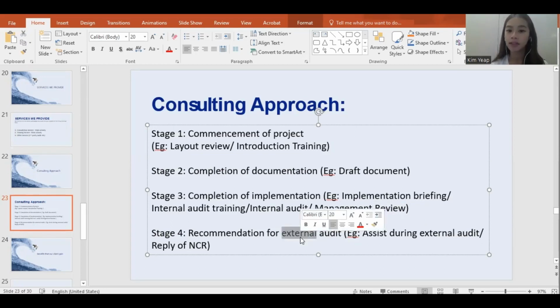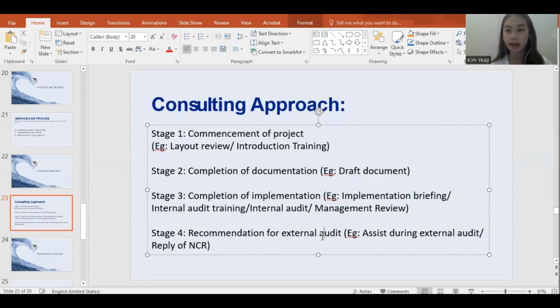So in this stage, our consultant will be prepared. It might be during the audit day, our consultant will be there to assist. Sometimes, most of the time, they can't assist, but they will be there to give a little bit of support, or to be there as a backup in case there's any question asked from the auditor's side.